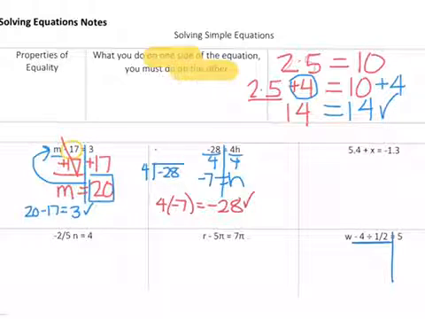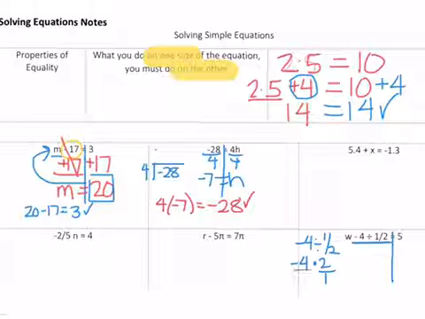Minus 4 is the same thing as negative 4. So we have negative 4 divided by 1/2. When we were learning our fraction operations, we learned copy, dot, flip, or keep, change, flip. And so that's how you're multiplying with fractions.